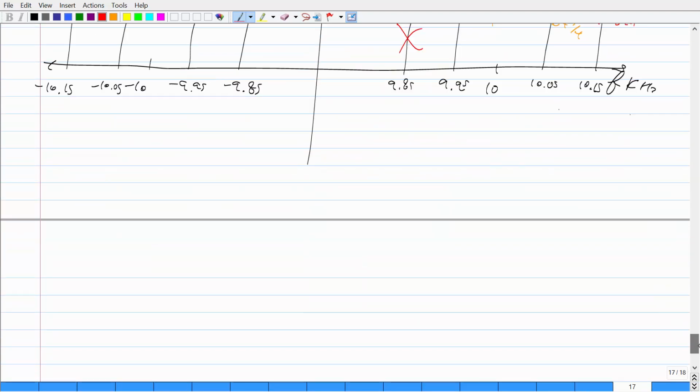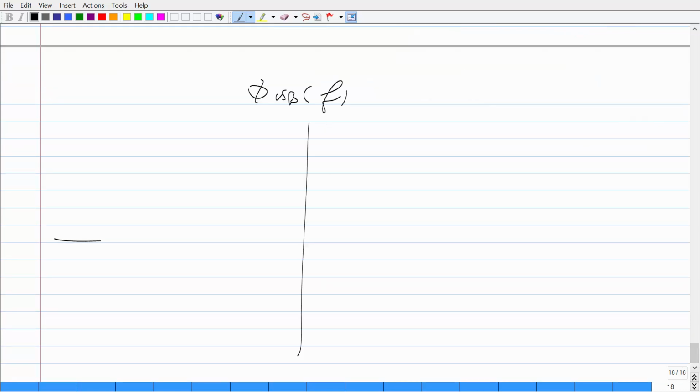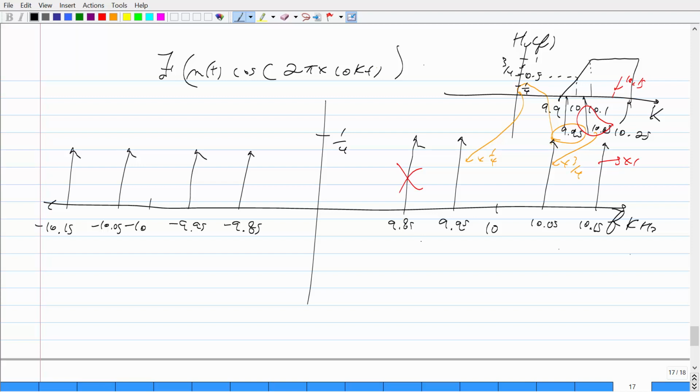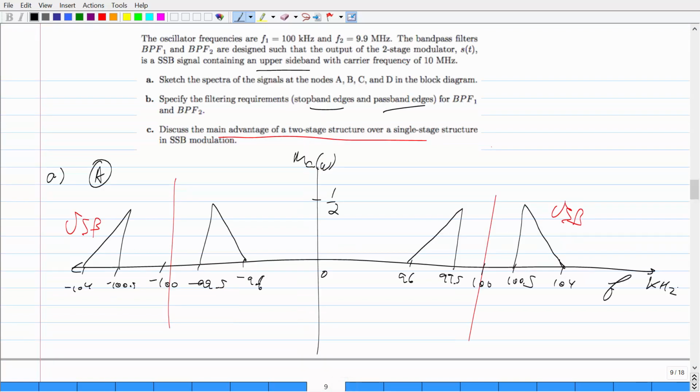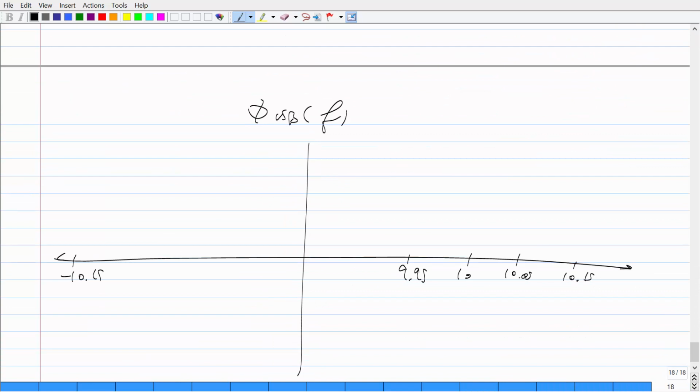So the spectrum is going to look like this now. We have 9.95, 10, 10.05, and 10.15, and then minus 10.15, minus 10.05, minus 10, and minus 9.95.